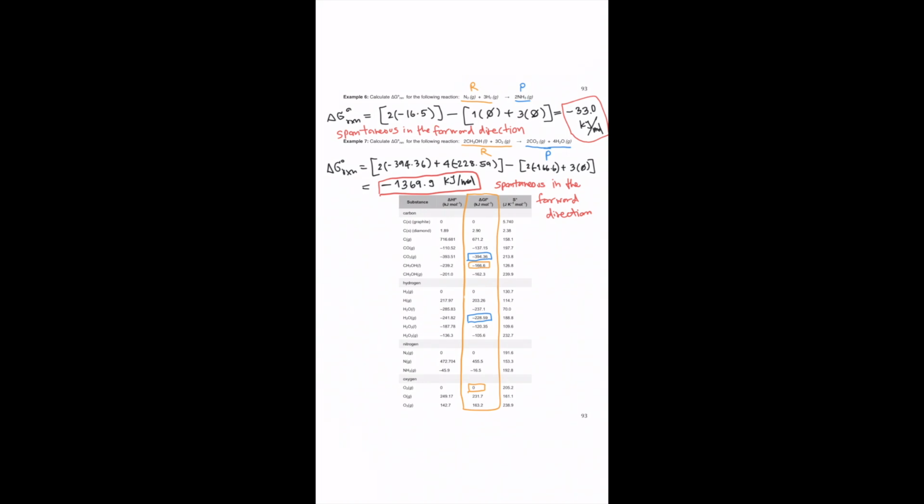The reactant has the coefficient of 2 for the methanol, multiplied by the value of methanol that is given in the liquid phase, added to 3 from the coefficient, and 0 is the value for oxygen. Do this math, and you are going to get negative 1369.9 kilojoules per mole. Again, the unit would be kilojoules per mole here.